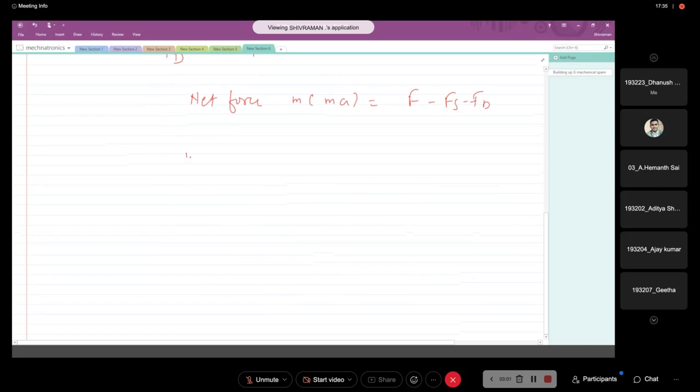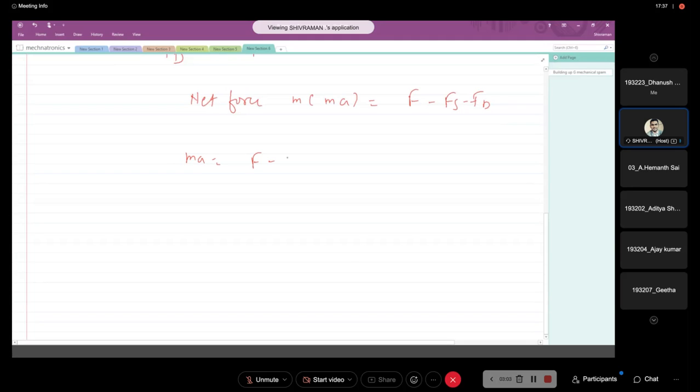So Ma equals F minus Fs minus Fd, and your Fs is Kx and Fd is Cv. Okay. So Kx, C dx by dt, and a can be written as d squared x by dt squared.